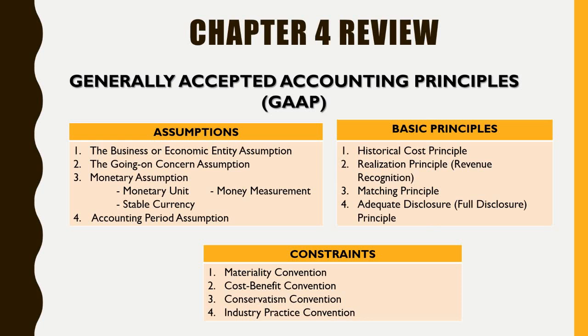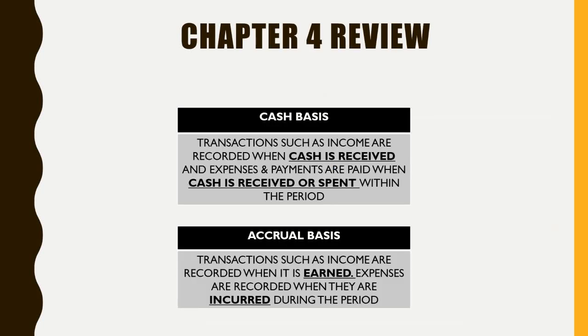And last but not least, we talked about the cash versus the accrual basis. Cash revenues and expenses are recorded when cash is either received or readily available to be spent. Whereas on the accrual basis, revenues and expenses are recorded when you earned it, when you sold a product or completed a service, then you record the revenue.